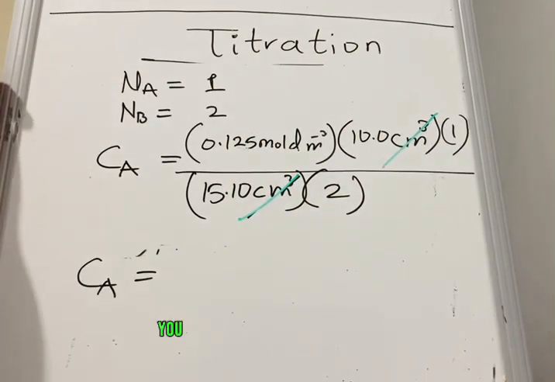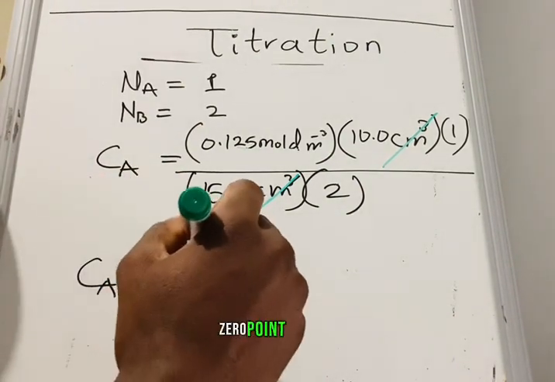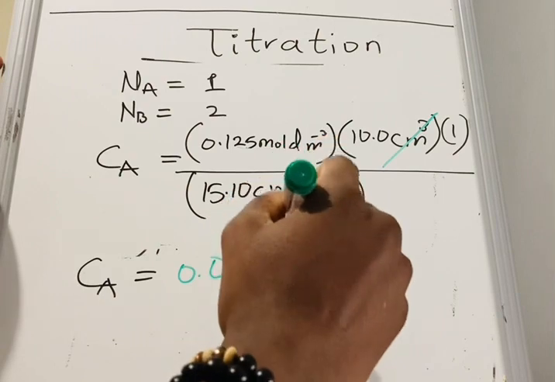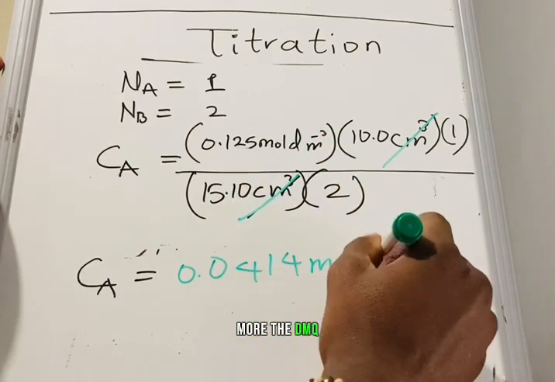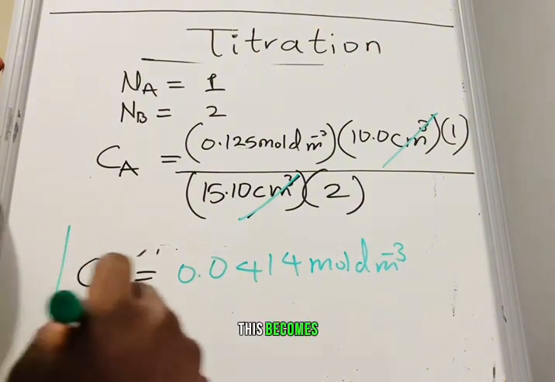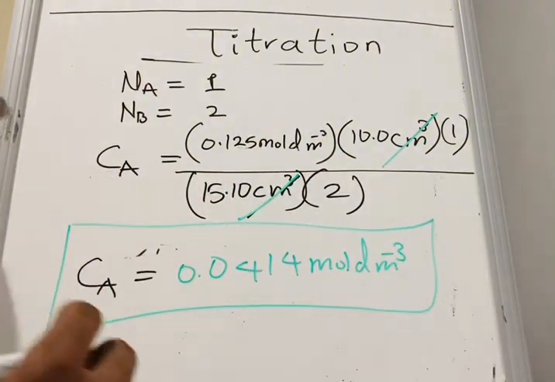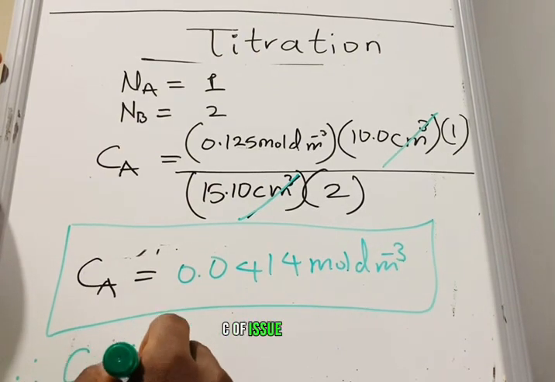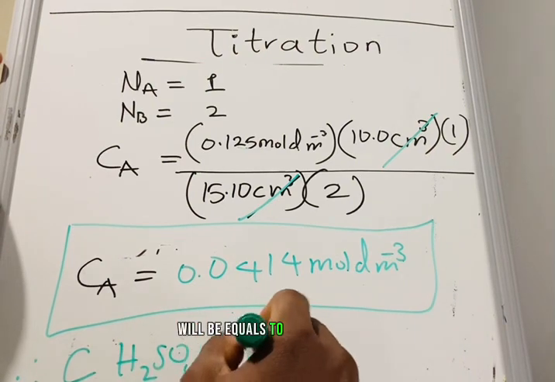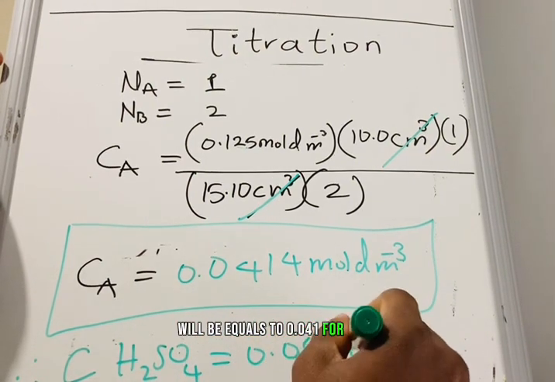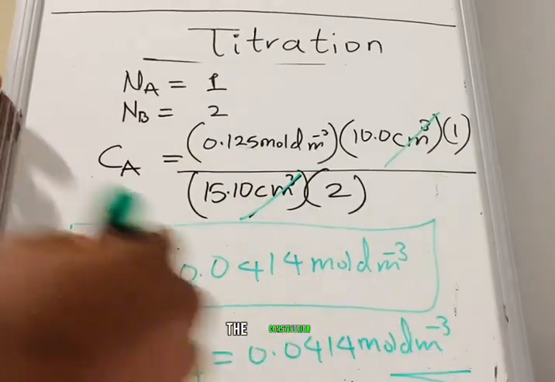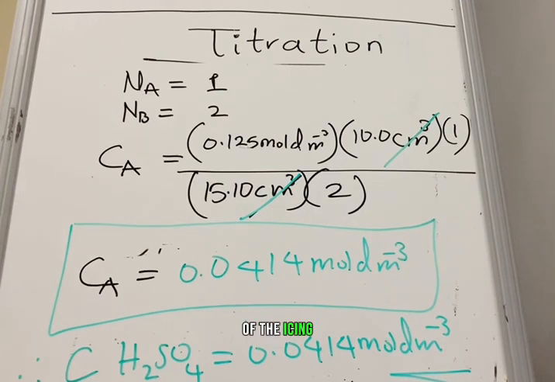This happening, your answer is going to be 0.0414 mole per dm³. This becomes the concentration of the acid. Therefore, C of H2SO4 will be equal to 0.0414 mole per dm³. This becomes the concentration of the acid.